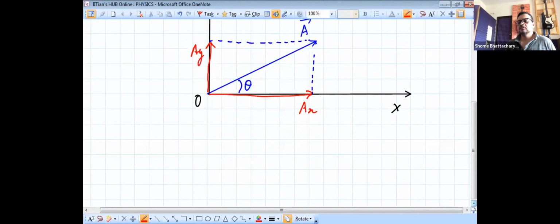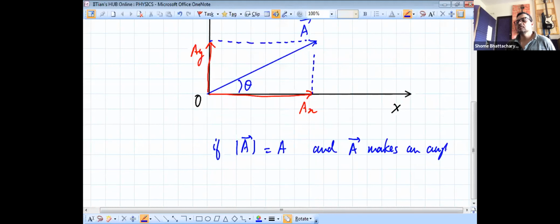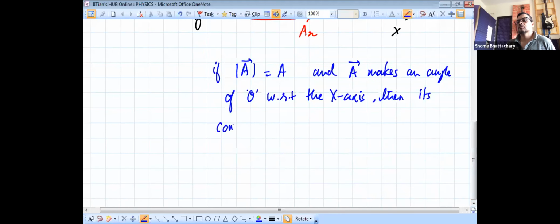So we saw that if the magnitude of this vector is given by the symbol capital A, and this vector makes an angle of theta with respect to the x-axis, then its components are Ax equal to A cos theta and Ay equal to A sin theta.